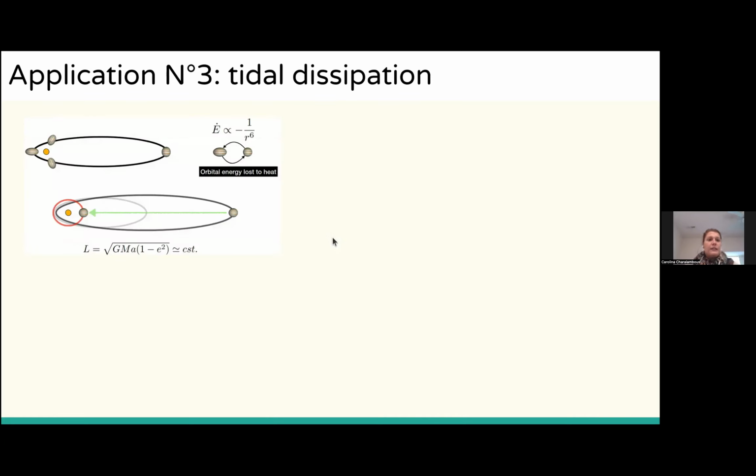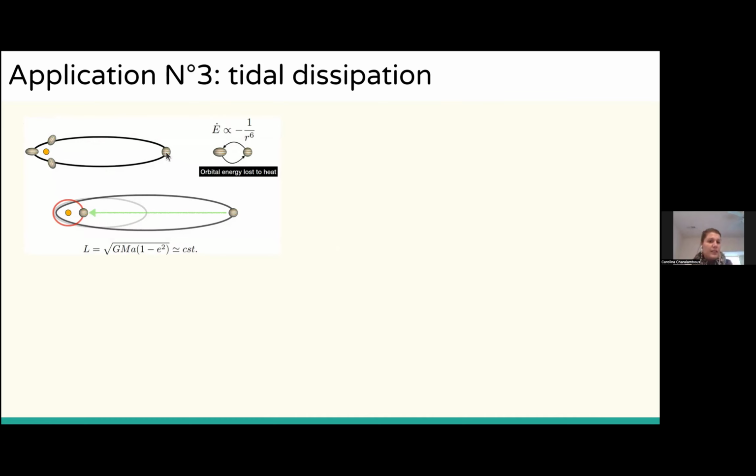A different application that we can study dynamically is what happens once the disk is dissipated. So once the disk dissipates, let's say that we end up with a planet which is far away from the star, but in an elliptic orbit.